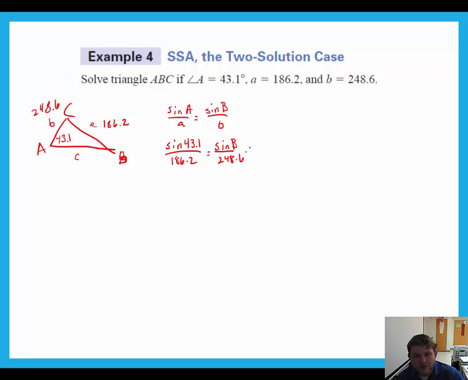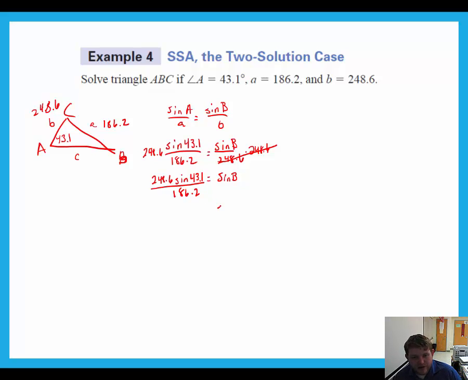So if we multiply both sides by 248.6, then this will cancel. We'll be left with sine of B is equal to 248.6 times sine of 43.1 all over 186.2. That's what sine B is.